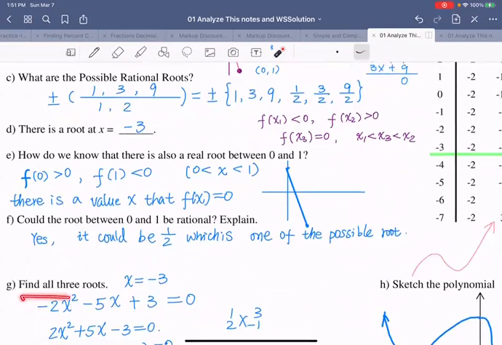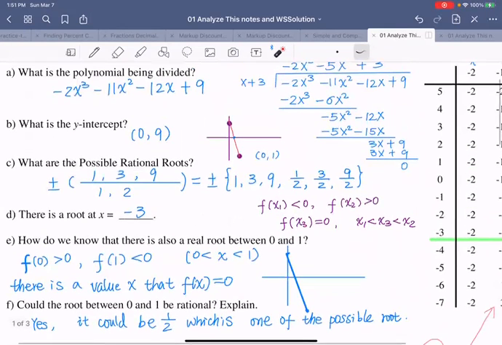Next one, find all the 3 roots. As I mentioned before, highest order is 3. The total number of roots is 3, okay? Total number of roots means real roots plus imaginary roots. You don't know what roots you have yet, but you know the total number of roots is the highest power.